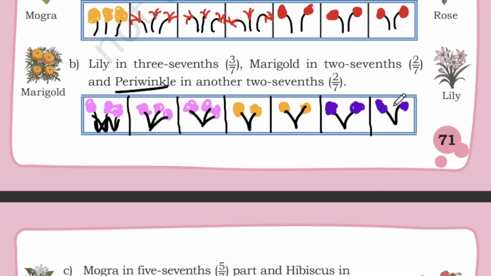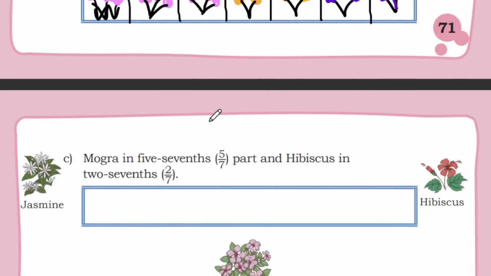Okay, next morga is 5/7 part and hibiscus is 2/7 part. Okay, first we will separate it. 7 parts. 1, 2, 3, 4, 5, 6 and 7. 1, 2, 3, 4, 5, 6, 7.